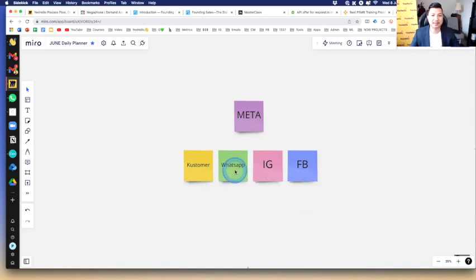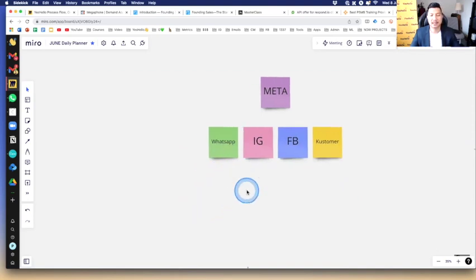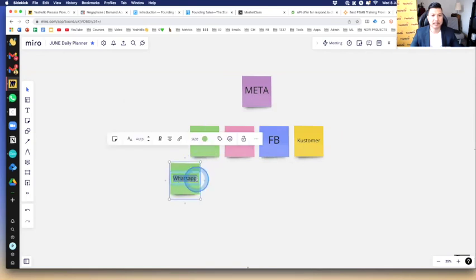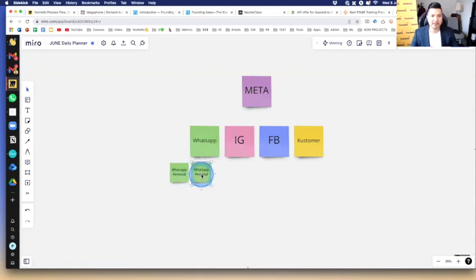Let me put Customer on this side. Under WhatsApp, they also have products, right? They have the regular WhatsApp, so WhatsApp personal. And then they also have WhatsApp Business.